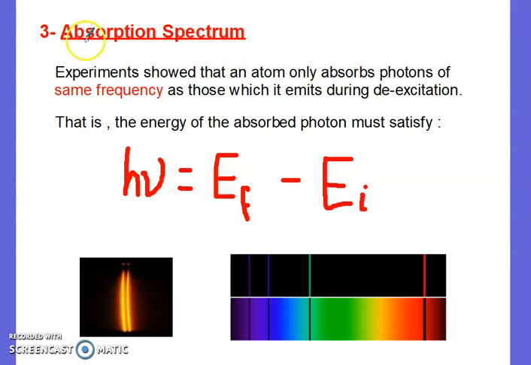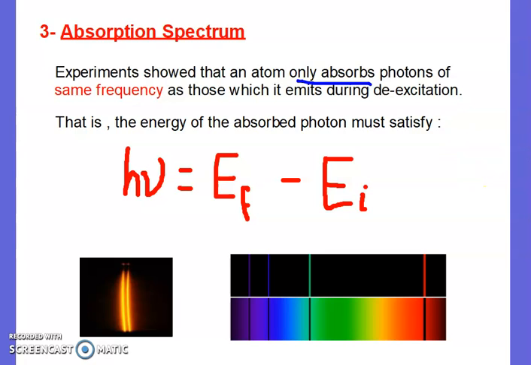Now the absorption spectrum. Experiments showed that an atom only absorbs photons of the same frequency as those which it emits during the excitation. It means what? For example, the hydrogen atom, as we have seen, emits the red photon. It absorbs the red photon.